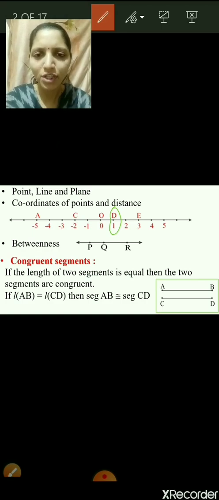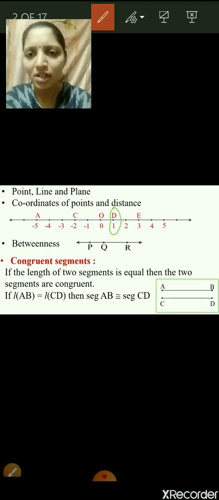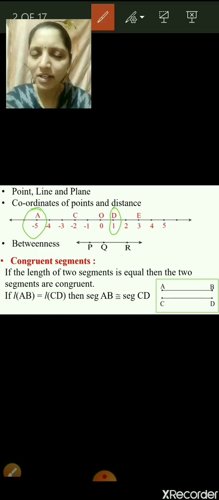Yes, point number 1. If you consider point A, then what is the number denoted by point A? Yes, -5. Similarly, you can select any point on the number line and find the number denoted by that point, and that number is called the coordinate of that point.